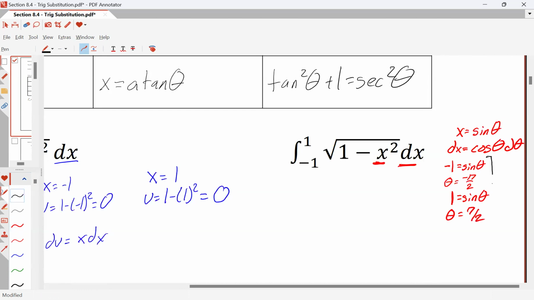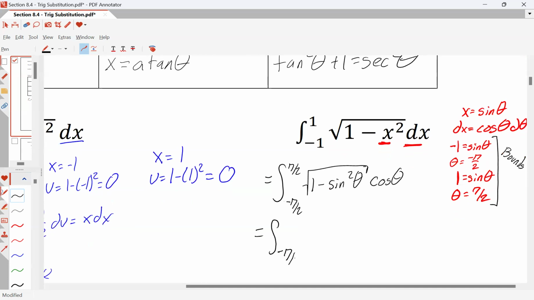These will change our bounds, because when we change variables, we need to change our bounds. So we get this is equal to the integral from -pi/2 to pi/2 of the square root of 1 minus sine squared theta, since x equals sine theta and dx equals cosine theta d theta.